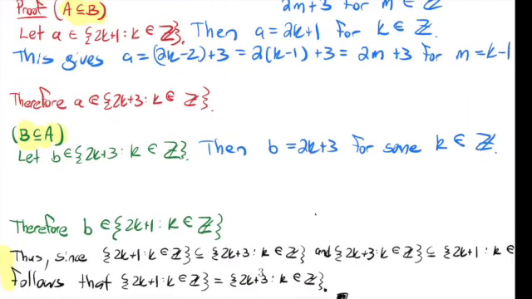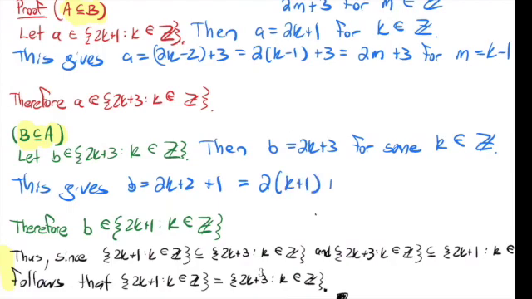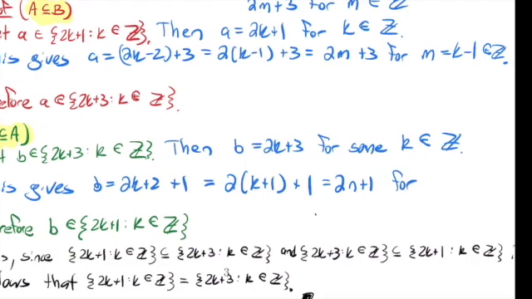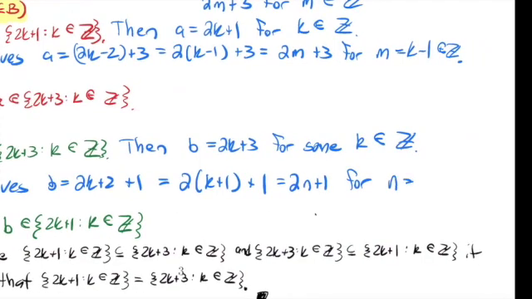So then b can be written as 2k plus 2 plus 1, which gives us 2 times k plus 1 plus 1. So we just rewrite b in the appropriate form. And now this integer n is k plus 1.